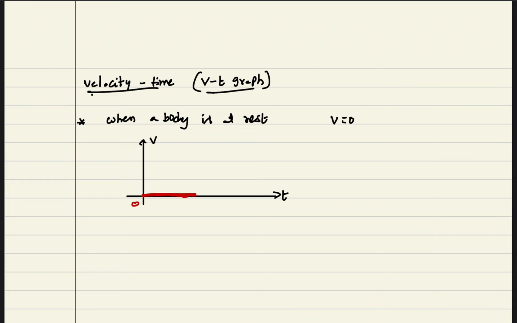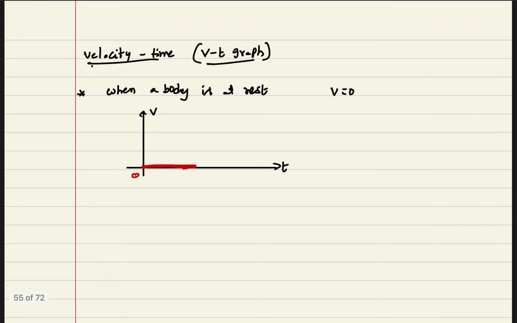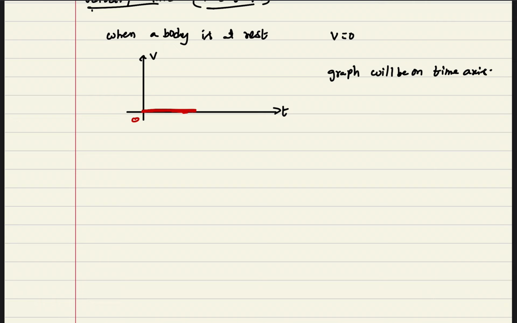The graph will be the velocity is 0 line only, that is, on the time axis. Next, let us consider the first one is this one.